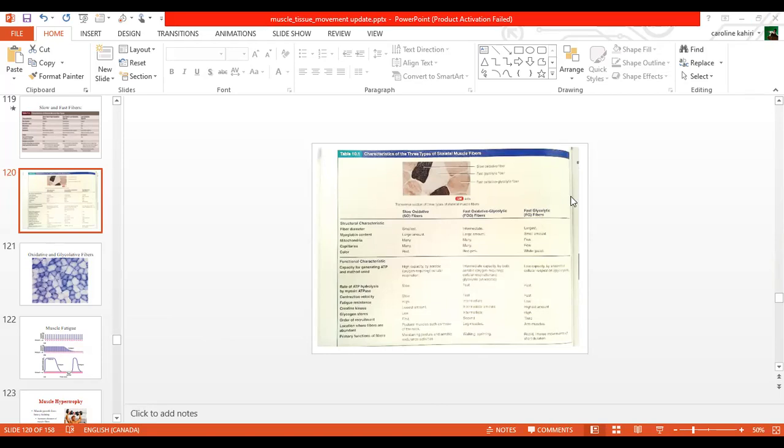I'm trying to close down some programs so that I don't have a lot of interference.